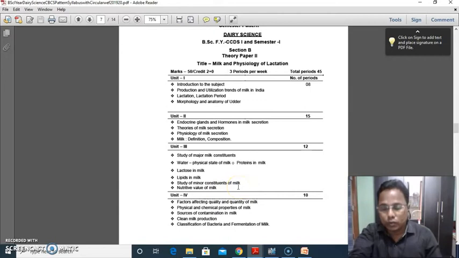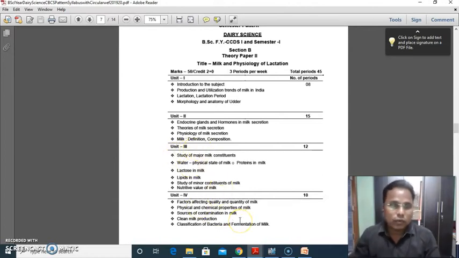How is milk called a nearly complete food? Because it contains nearly all the components required for our normal body growth, and all those nutrients are present in milk, and therefore it is called the nearly complete food. So here under nutritional milk, we will learn in detail the nutritive value of milk in unit number 3.